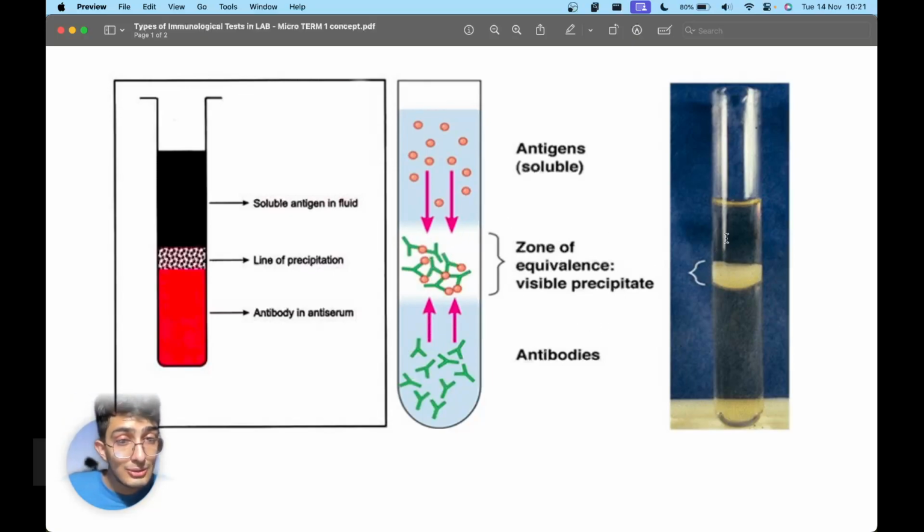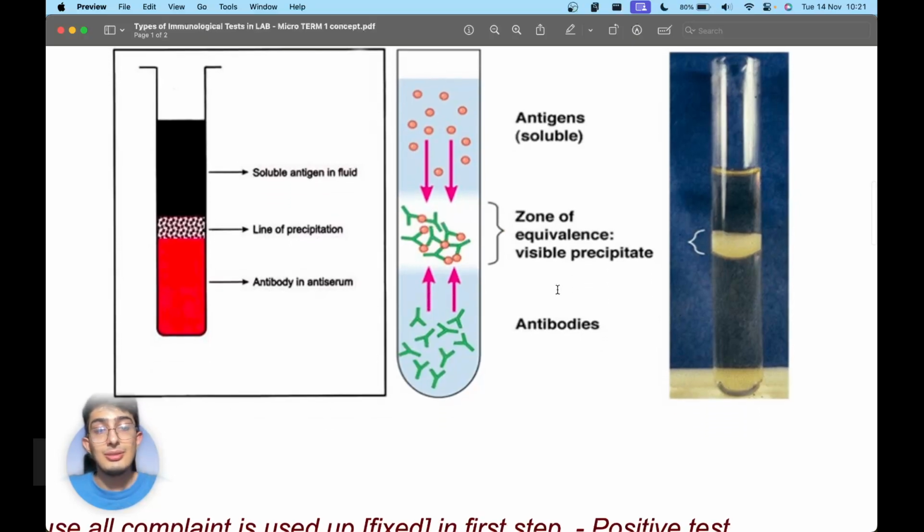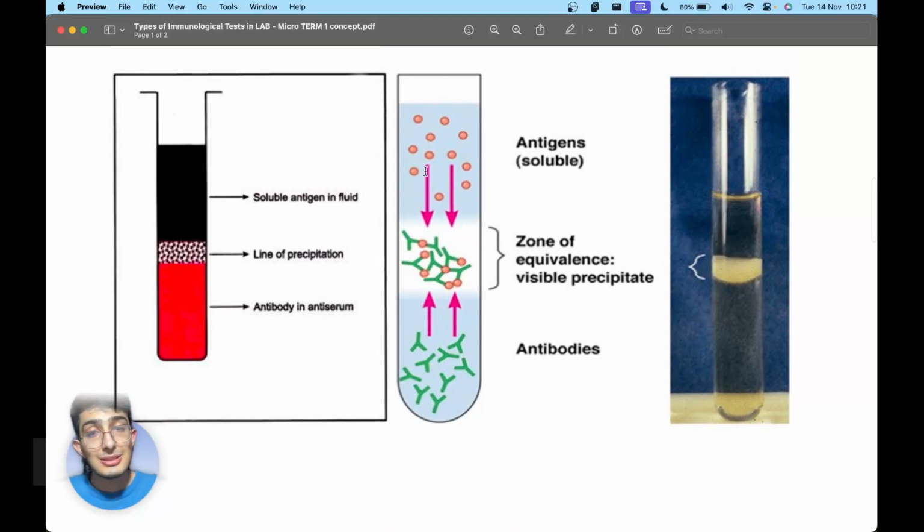And here you can see only in this zone of equivalence, the precipitation is being formed. So the basic principle is if the antigen is in excess, no precipitation. If antibody is in excess at the bottom, no precipitation. But the precipitation only happens when antigen and antibodies are in equal amount. And that zone is known as zone of equivalence.